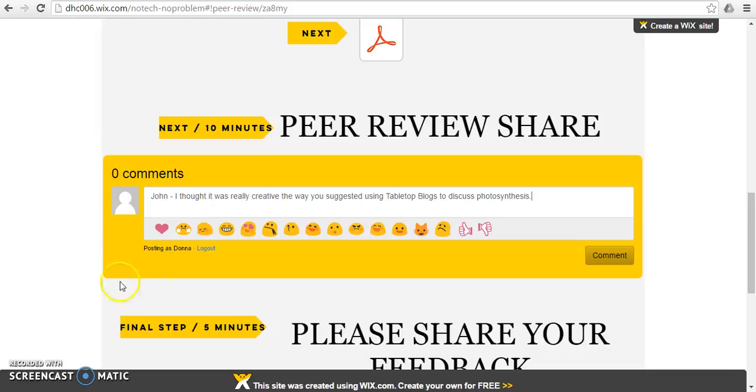So we've highlighted one of the 4 C's, creativity. Students will not only exercise creativity, but they will be collaborating as well. So that's our peer review.